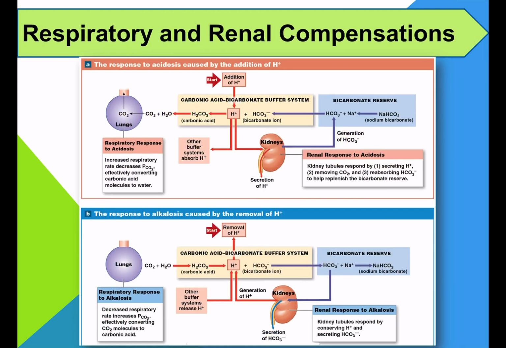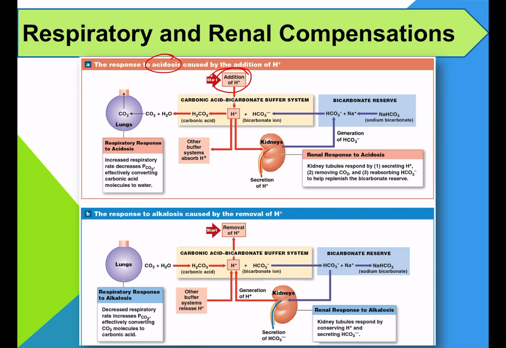All right, so this is another pictorial diagram that illustrates how respiratory and renal compensation work together at the same time in response to acidosis or alkalosis. So in the case of acidosis, when you have too many hydrogen ions around, here's too many hydrogen ions, they can be gotten rid of through two ways.